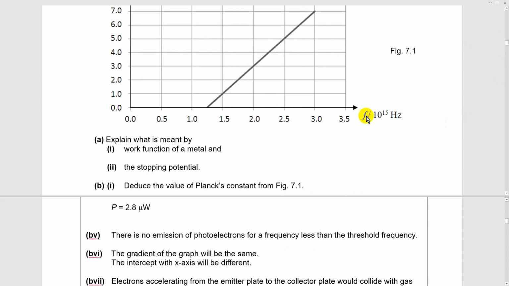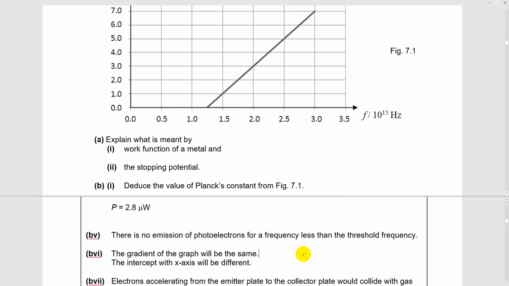So once the work function has changed, the threshold frequency will be affected. That means the new graph will now cut at a different x-intercept, reflecting the different work function. So for part 6, the intercept with the x-axis will be different, because the threshold frequency has changed.